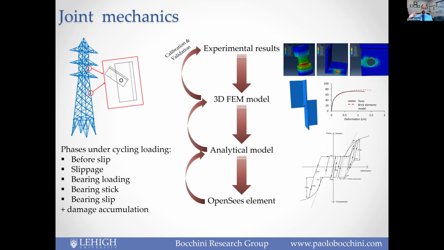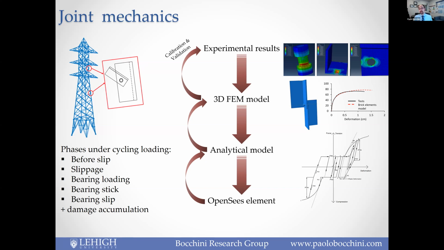And then out of the analytical model, we coded an OpenSees element, actually an OpenSees material, I should say, that is now published and available for others to use as part of their models. And each time we had to go back one step and use the results of the previous step for validation.